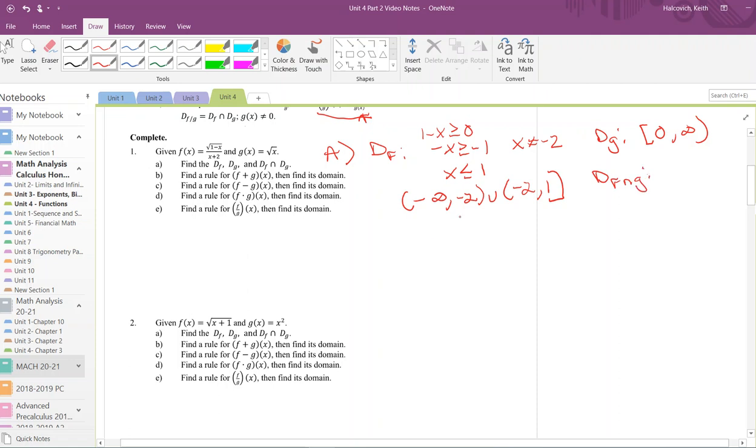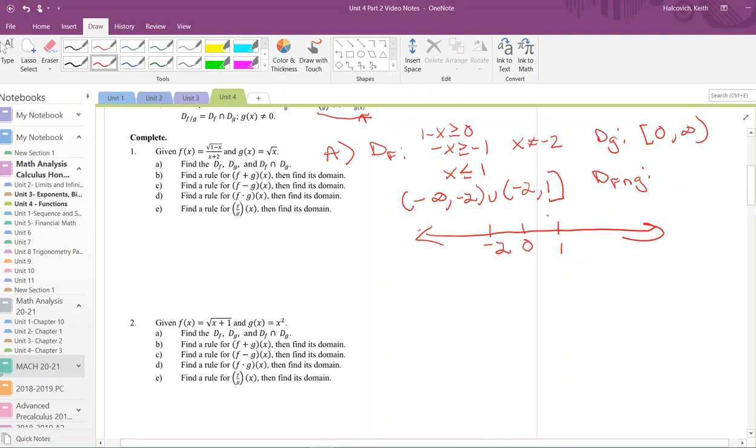is, well, if you map it on a number line, that might help you figure it out, even though you don't have to. So here's 0.